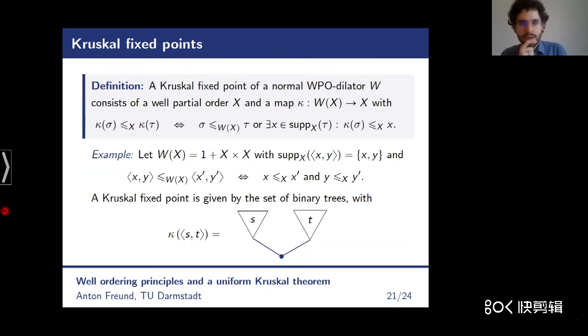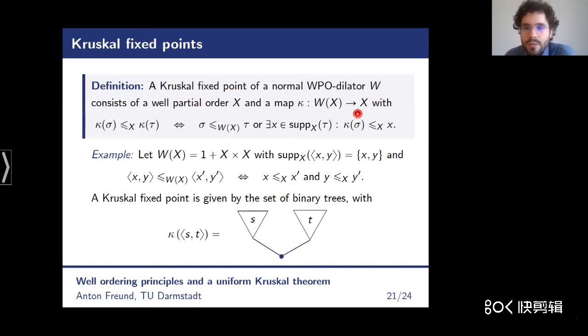Rather, I now want to look at these fixed points of these transformations of partial orders. And as I said before, on an intuitive level, we can simply think of these fixed points as recursive data types. The general notion I want to call a Kruskal fixed point.